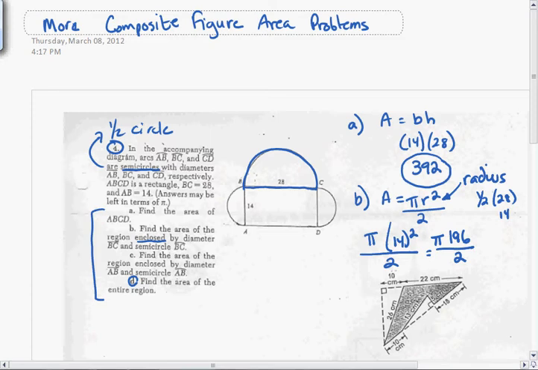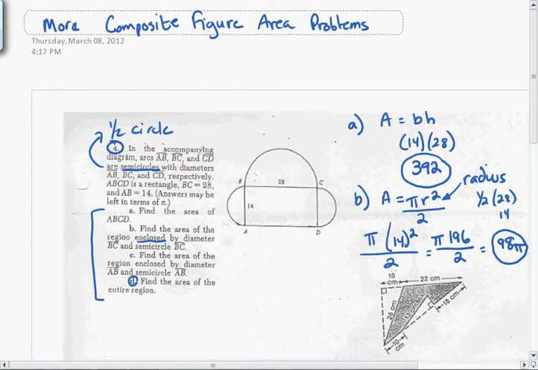And then 196 divided by 2 would be, let's see, 2 goes into 19 about 9 times with 1 left over. 2 goes into 16 about 8 times. So 2 goes into 196 98 times, and it's really going to be 98 pi. So the area for semicircle BC, this space right in here, is 98 pi. There's part B.